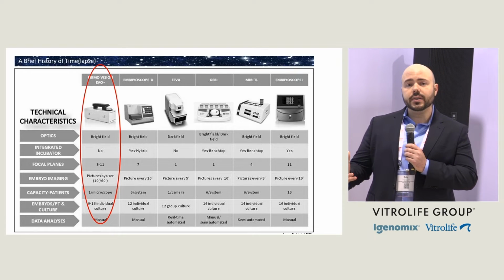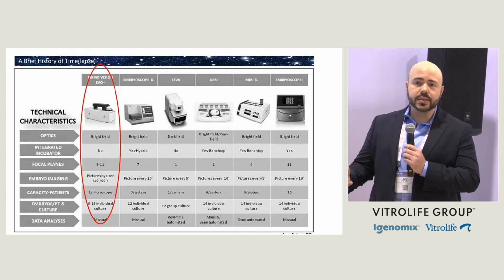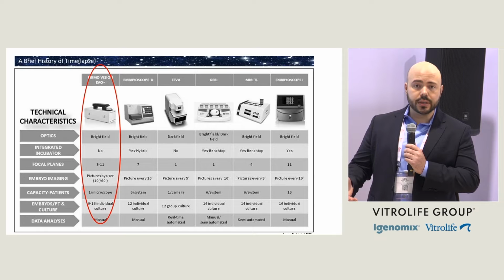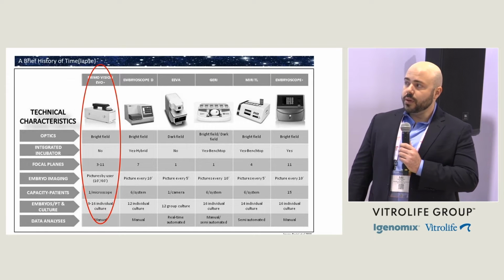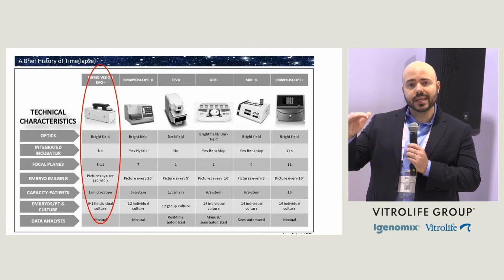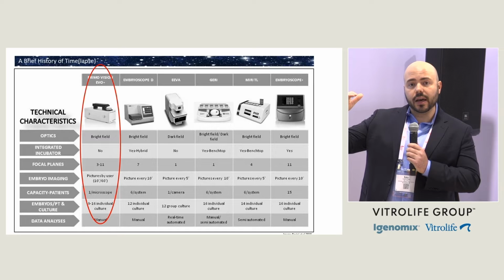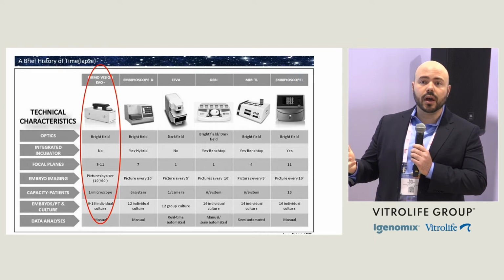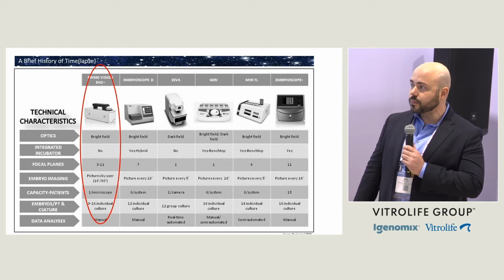There are various incubator systems in the market, and we always want to look at the variables that fit your needs. One important thing to realize is the focal planes and how many pictures the Embryoscope or another time-lapse system will be taking of your embryos. Whether it gives you 5, 7, or 10 images in segments, the more you have, the more you can see, for example, when you're doing pronuclear or other testing.